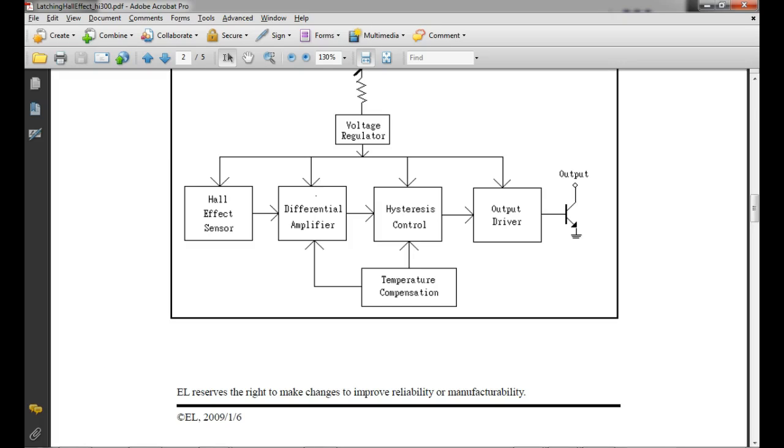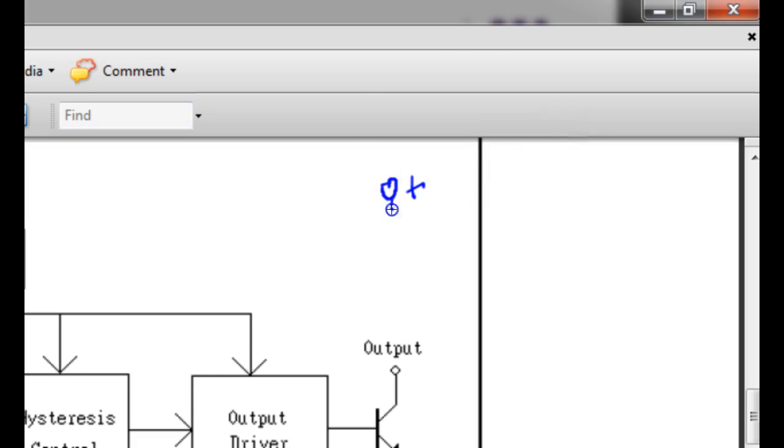Let me see. Shift Alt D. So if it provides the ground, then my load has to be connected to plus, and this is where my load comes. So a sinking sensor would require a sourcing load, right? Does that make sense?